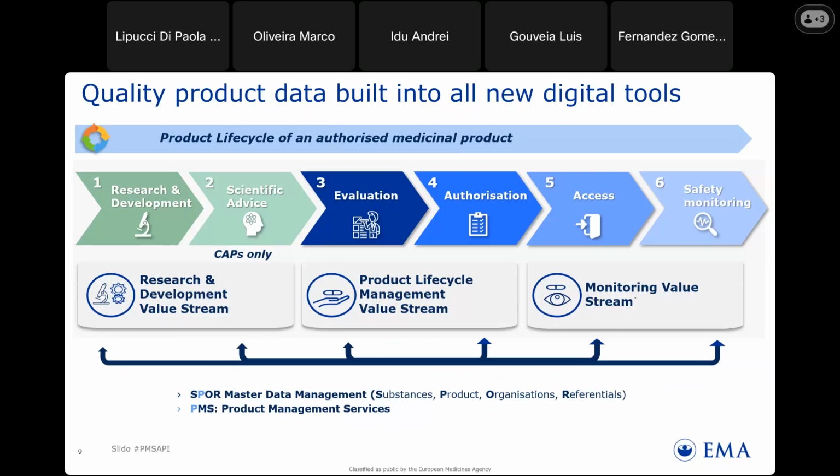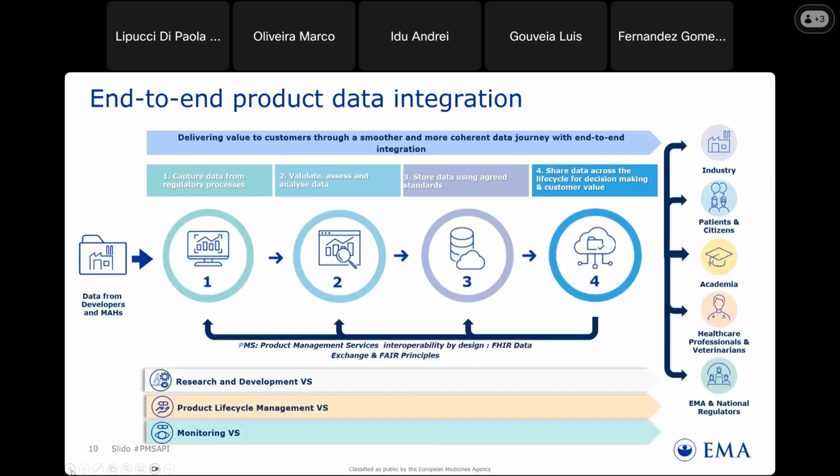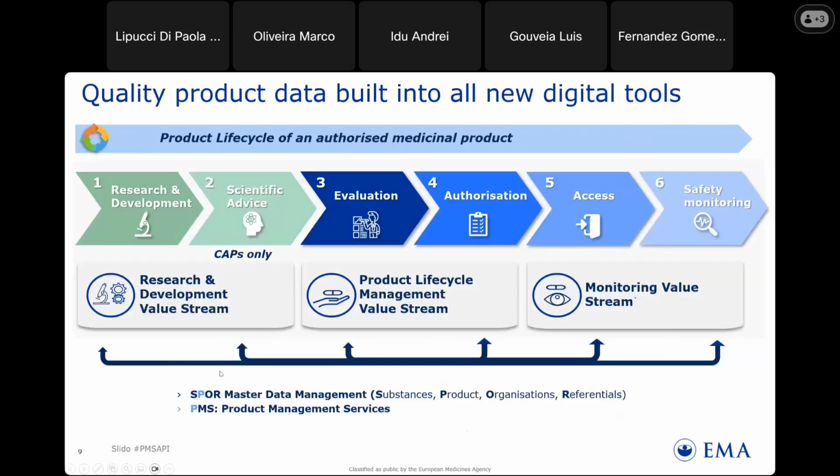Eventually, your application gets authorized, the product starts being placed on the market, and then we also start the monitoring of the pharmacovigilance for that specific product. So across each phase, we have three, and you can see here, value streams. We call them research and development, product lifecycle management value stream, and monitoring value stream.